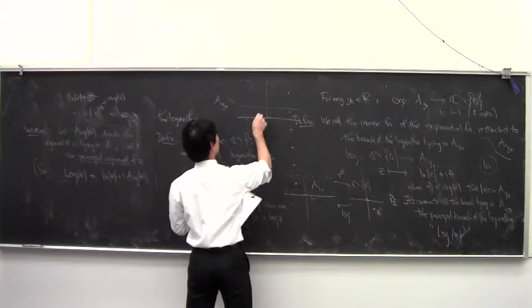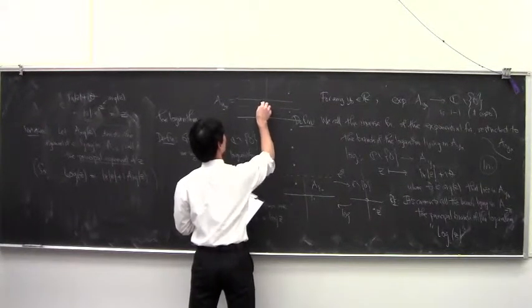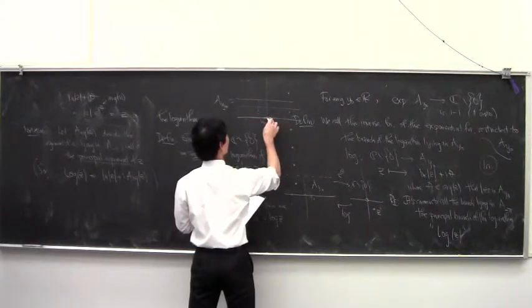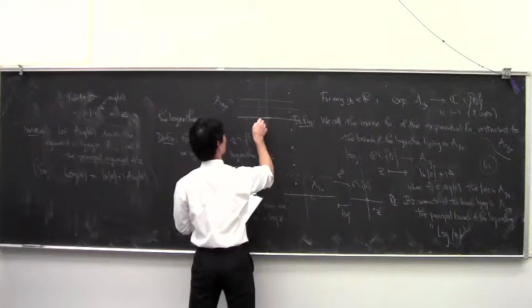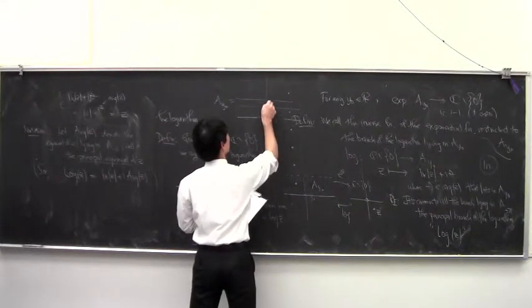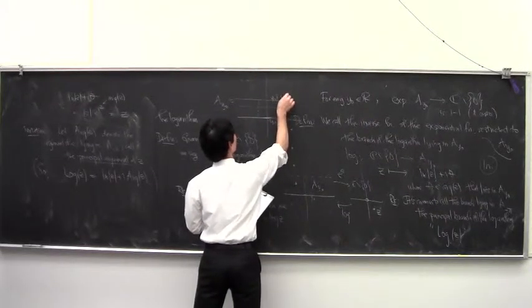So it's just the thing that goes from height y naught to, if this were a real thing, and this is really y naught i, and this is y naught i plus 2 pi.